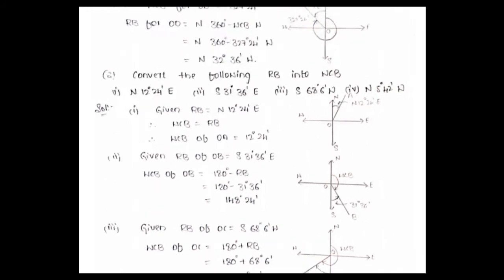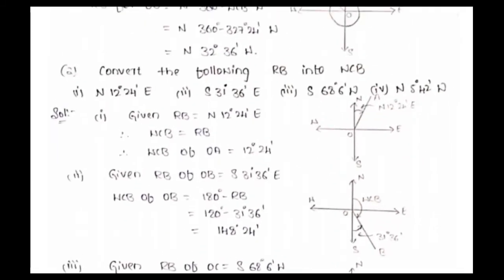Whereas for another one, conversion of bearing from RB into WCB, how we are going to calculate is, they have given the four quadrant values, such that first one northeast, southeast, southwest, and northwest. Based upon that, first we need to develop a coordinate system, then we need to calculate the WCB values.